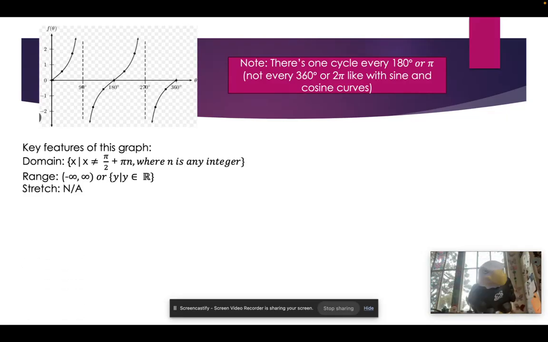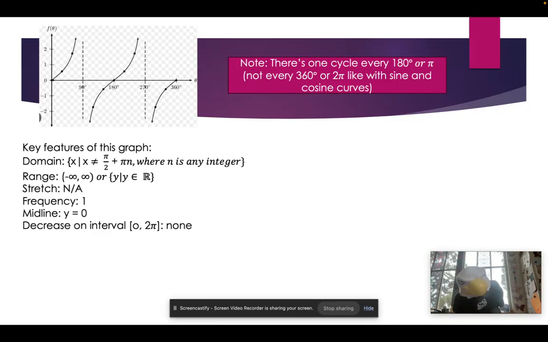As far as a stretch, like is it more linear looking or super curvy when it makes that little turn, on the parent tangent graph there isn't a stretch. The frequency is 1. The midline is y equals 0, where the middle of the graph is where it takes that turn.